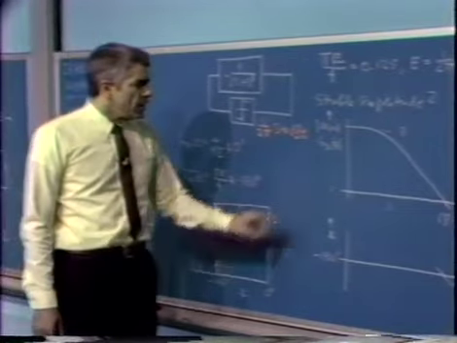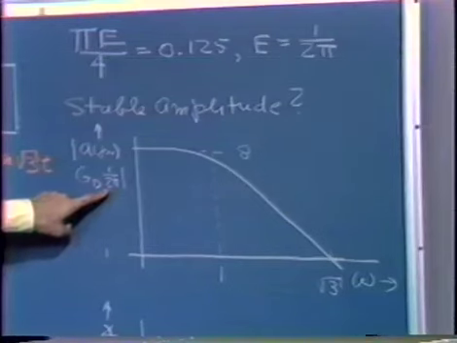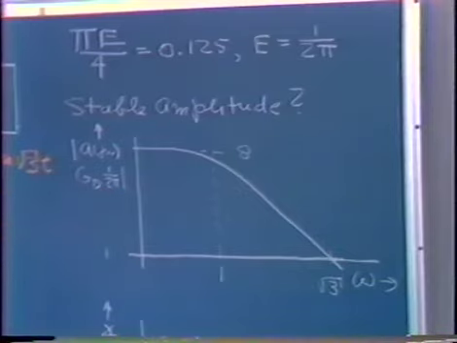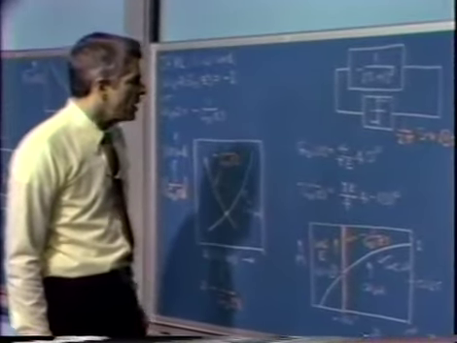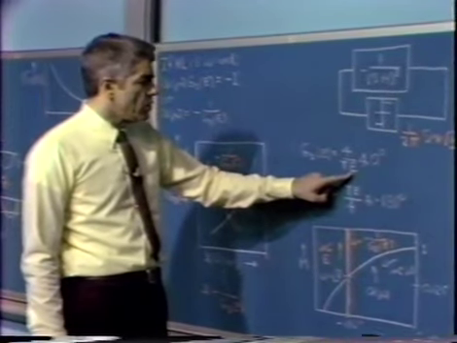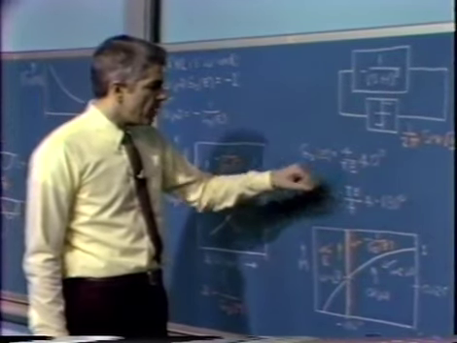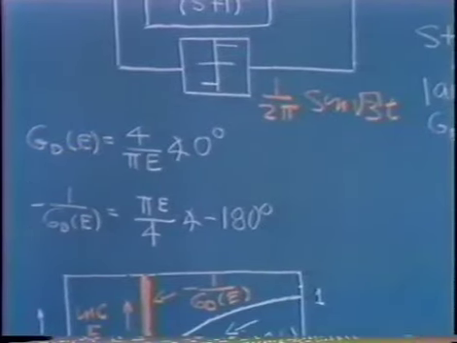Well, the gain of our nonlinear element, the magnitude of the describing function, for E equal to 1 over 2 pi, we can get from this expression, and that gain will be simply 8. When we substitute in E equals 1 over 2 pi, the pi's cancel out, and we get simply 8 for the magnitude of our describing function.